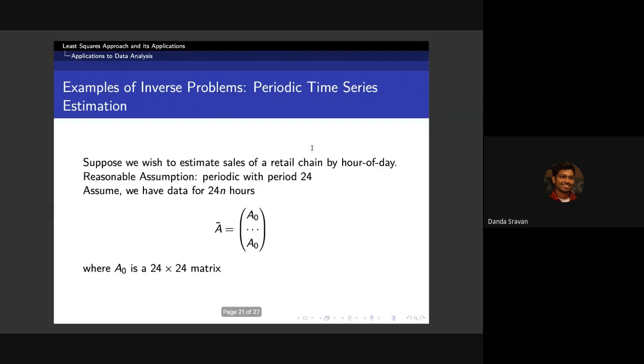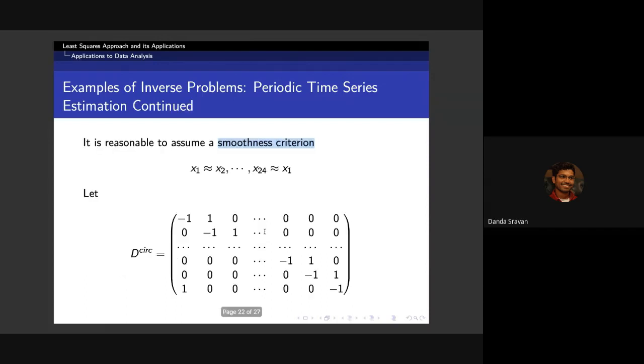Although I want my data to be as close as possible to this particular model, which means that x should make the norm of y minus a tilde x as small as possible, I additionally want each of my hourly sales to be close to the neighboring hour sales. So for example, if I take a particular hour slot, 6 p.m.